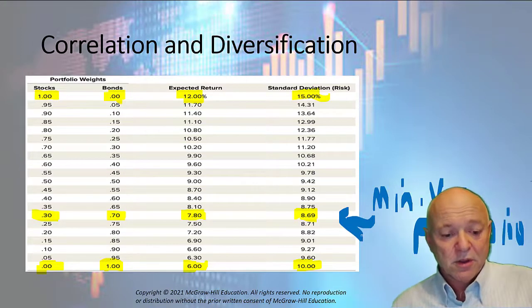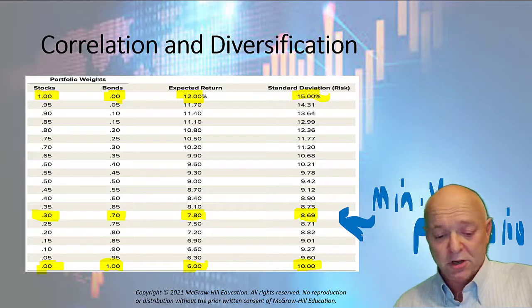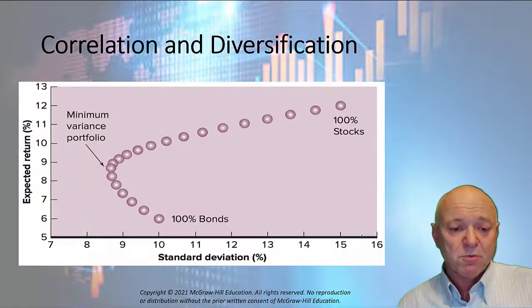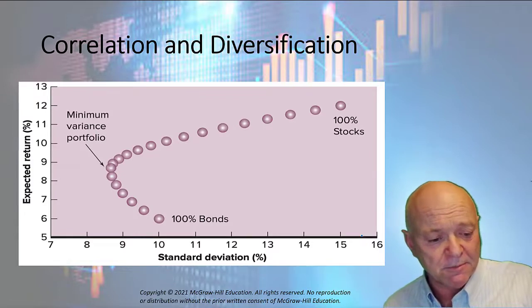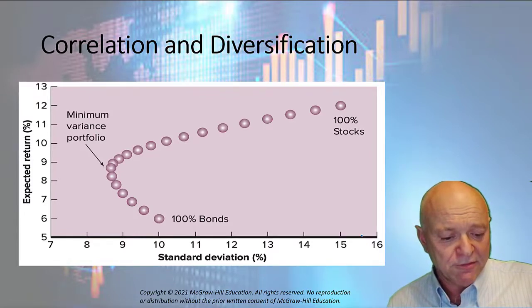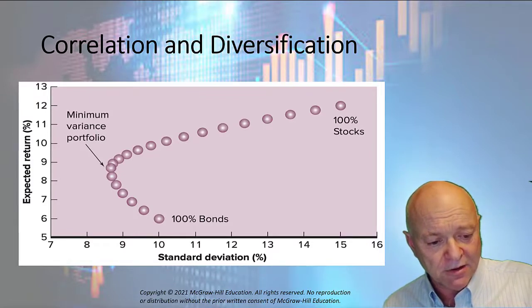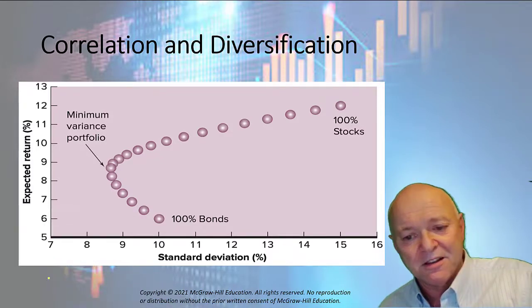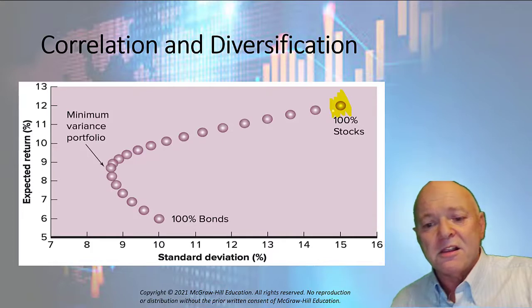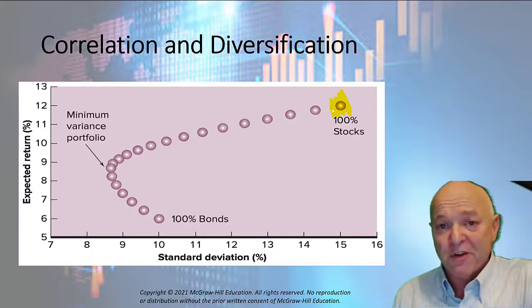Well, we can see this also if we were to put it onto a chart, which is what we're going to do next. Here we have exactly that same information. So we can see at the very top, we have the portfolio that was at the very top of the table.